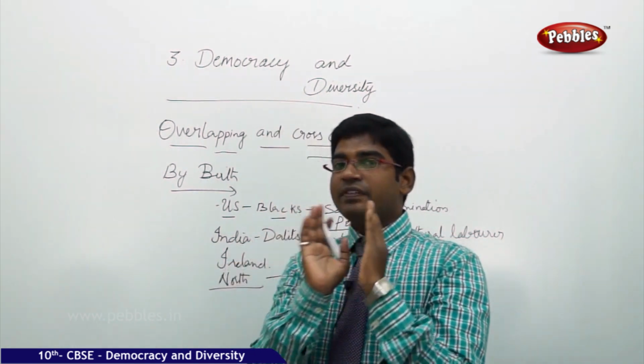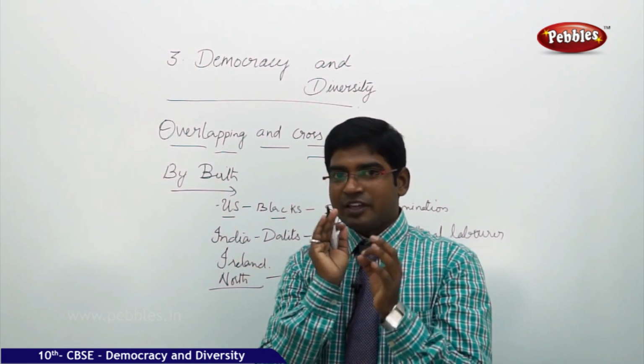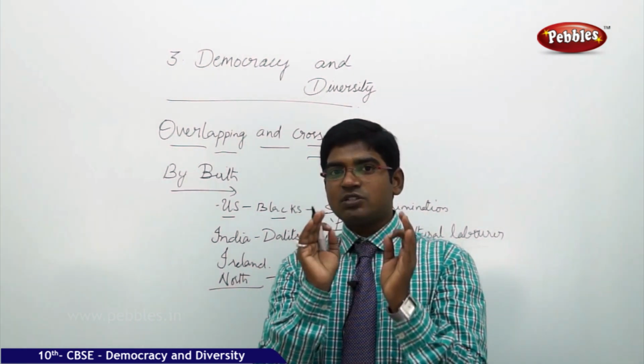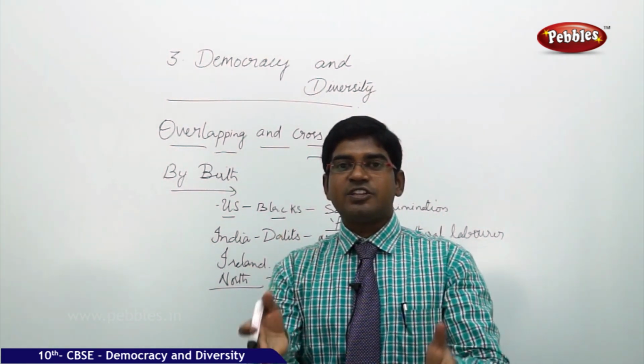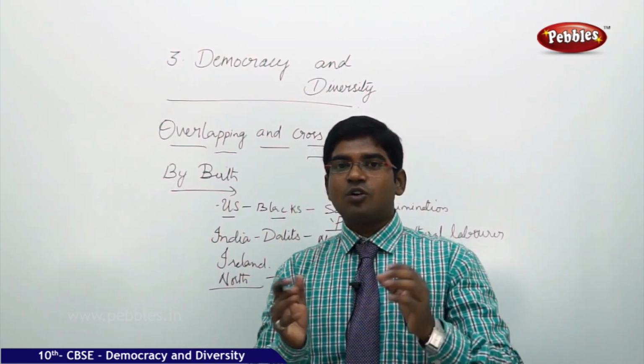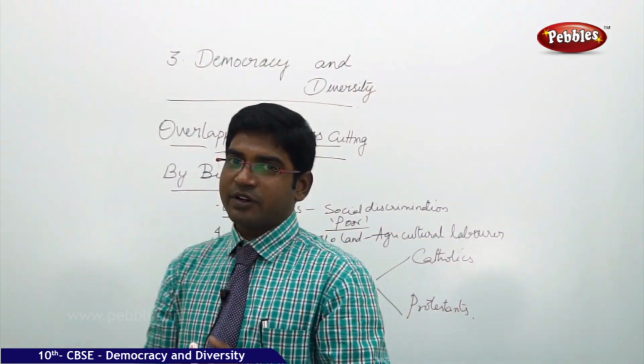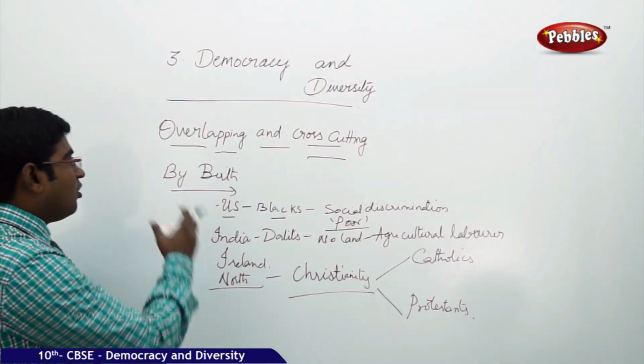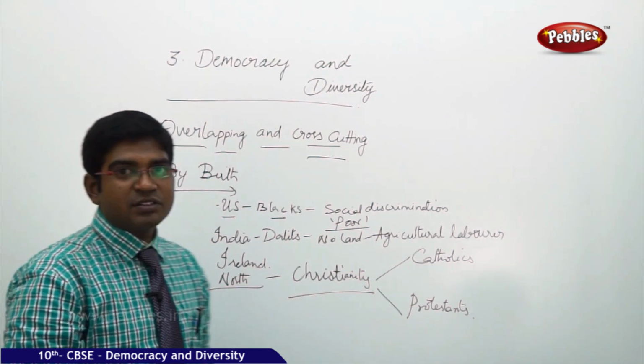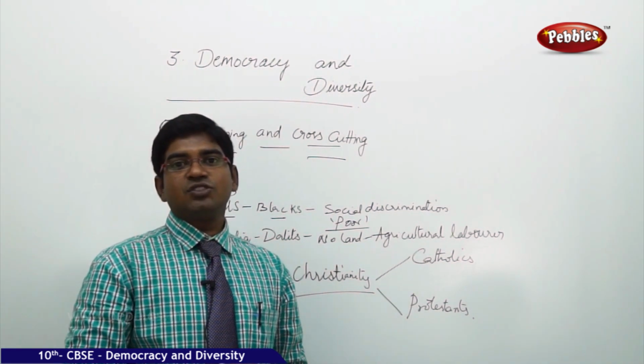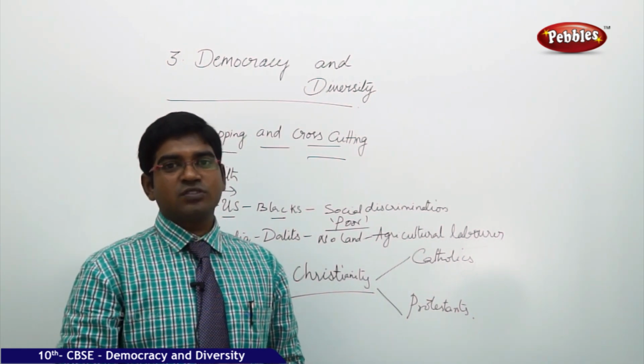Whatever it is, they are cutting across each other, but they are making the social divisions clear and stable in society. That is what we have understood from this point of overlapping and cross-cutting. It is a base for social divisions in any society.